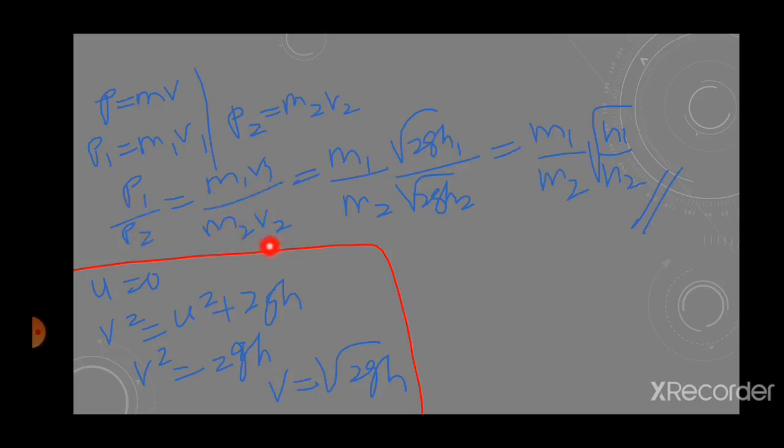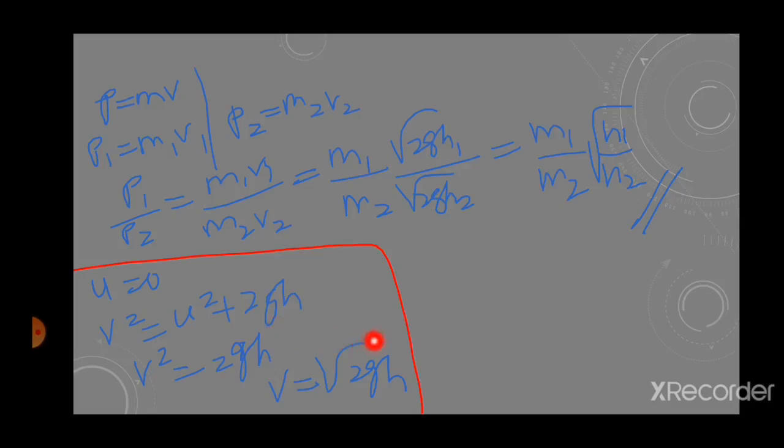Okay students. So now here, the initial velocity of the object, u, is equal to 0. We consider initial velocity u is equal to 0. And using the kinematic equation v square is equal to u square plus 2gh. Already we know that. Now substitute initial velocity u equal to 0. Therefore v square is equal to 2gh, and v is equal to square root of 2gh.